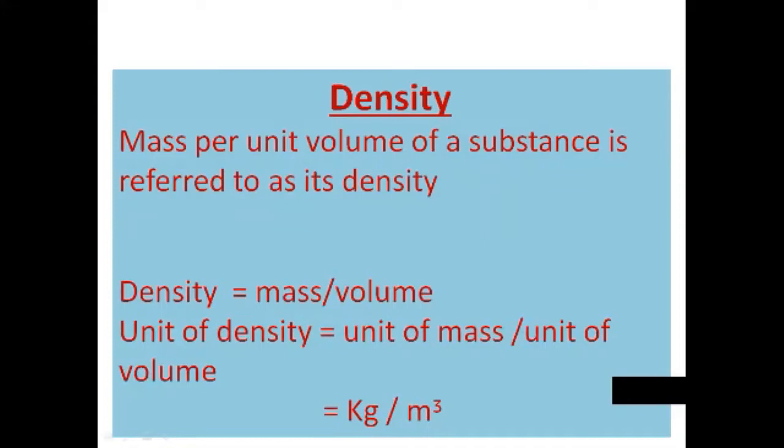The mass of a substance is the quantity of matter contained in it, and the volume of a substance is the space occupied by that body. And density is equal to mass by volume. The unit of density is the unit of mass by the unit of volume, that is kilogram per meter cube. So the unit of density is kilogram per meter cube.